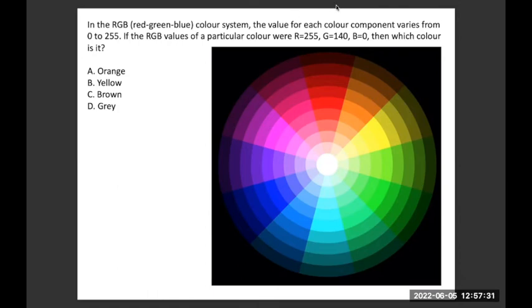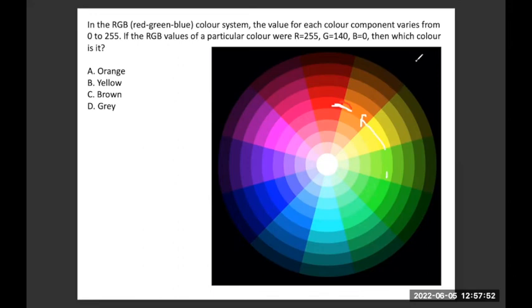Since red is in full value, this tone has to be closer to red, because red is a higher value. And green is partial value, so it won't come here, but it will always move closer on that side.